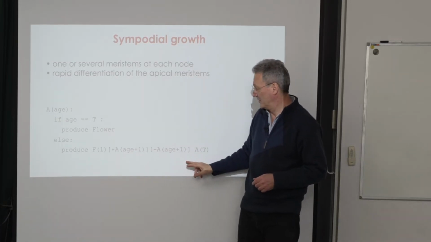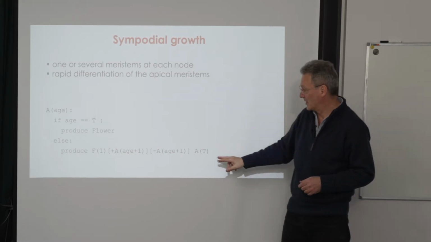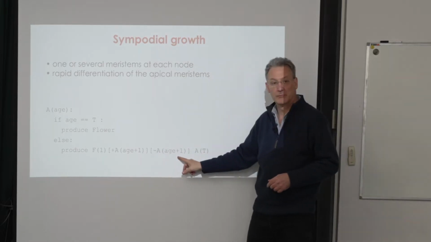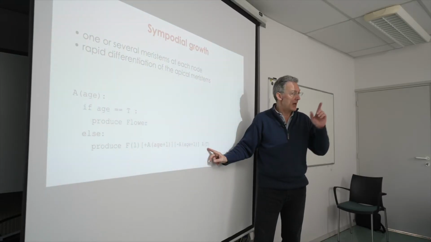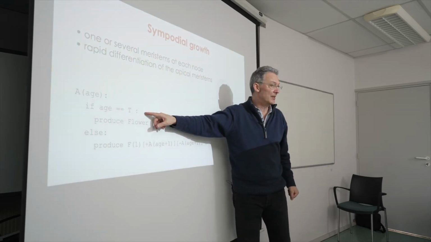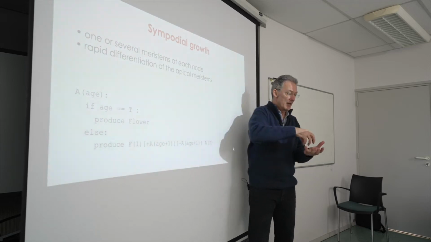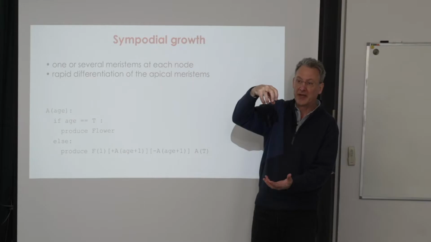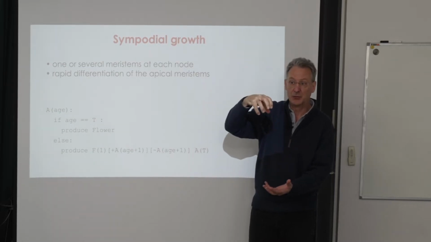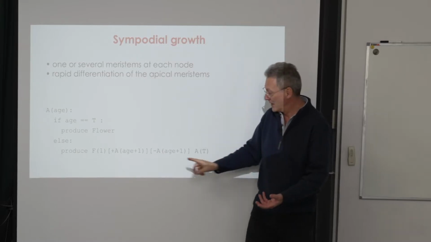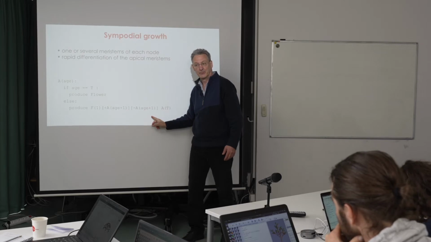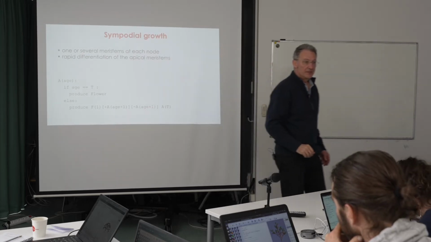And if I am an apex, I produce lateral meristems, but immediately I jump to the final state, which will make it next time the flower. So which means that I grow an internode, and the apical meristem of this internode will differentiate immediately the next step into a flower. So it cannot grow anymore. So what will continue to grow are the lateral apices.